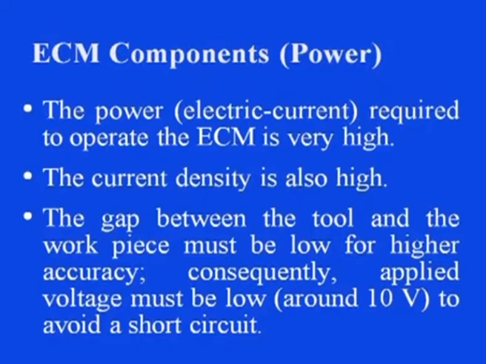The power required to operate an ECM setup is very high. The current density is also very high. The gap between the tool and the workpiece must be low for higher accuracy. Consequently, applied voltage must be low, something around 10 volt as we have already indicated in the previous session, to avoid short circuit conditions.